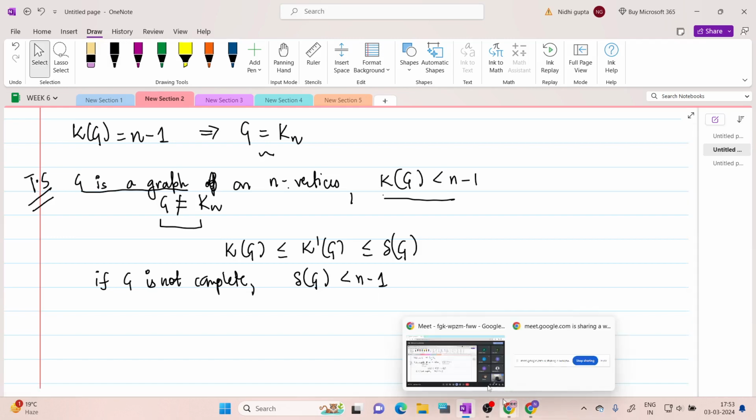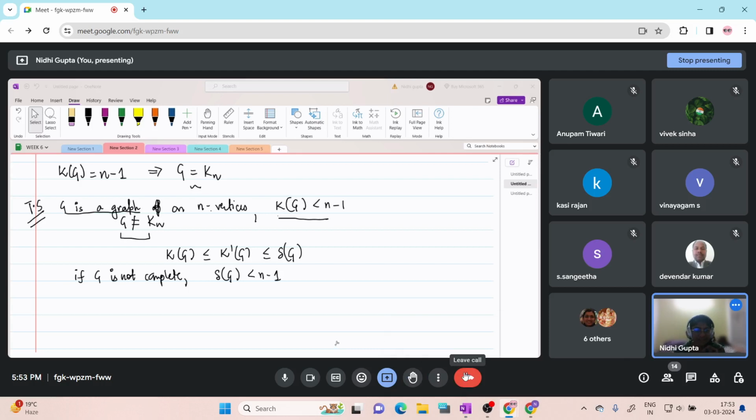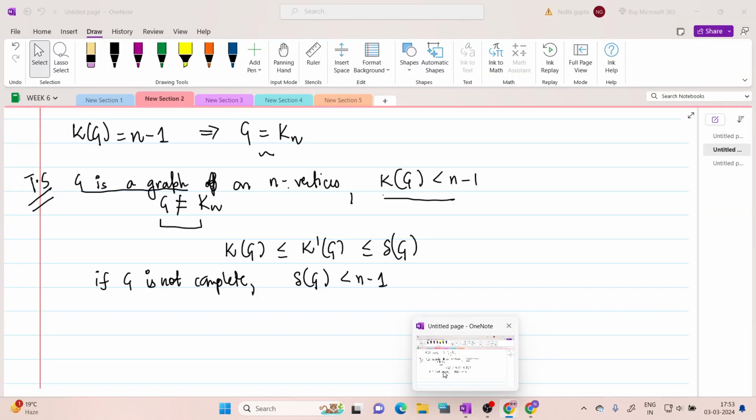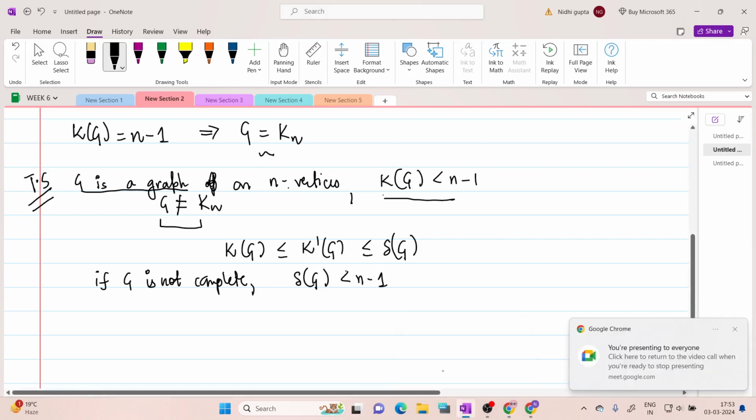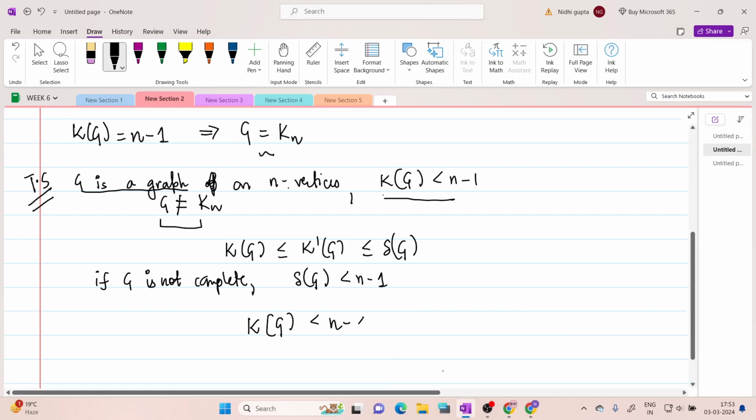Because if minimum degree is equal to n minus 1, that means all the vertices are connected with each other and we have a complete graph. But if a graph is not complete, then there are two vertices u, v such that uv is not an edge, and therefore the minimum degree has to be strictly less than n minus 1. And using this inequality, we get that vertex connectivity is strictly less than n minus 1.